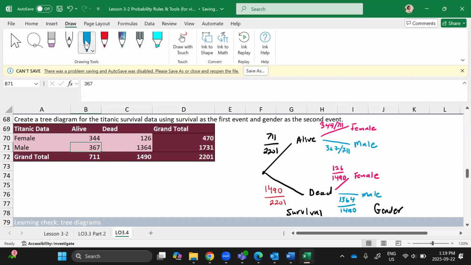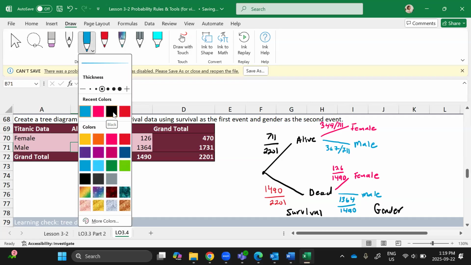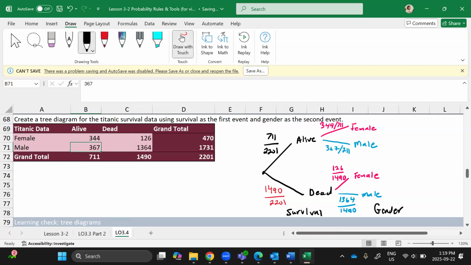Then if you want the total probabilities from the table, so what I mean by that is the chance that you're alive and female, the chance that you're alive and male, the chance that you're dead and female, and the chance that you're dead and male, you'd multiply along the branch. So 711 over 2,201 times 344 over 711.